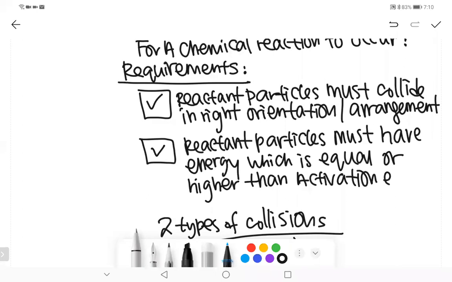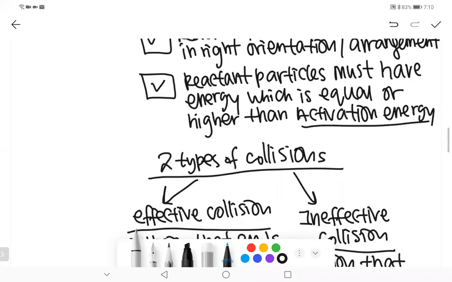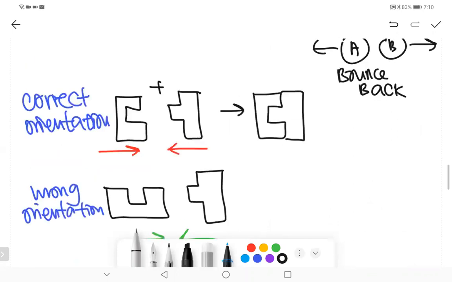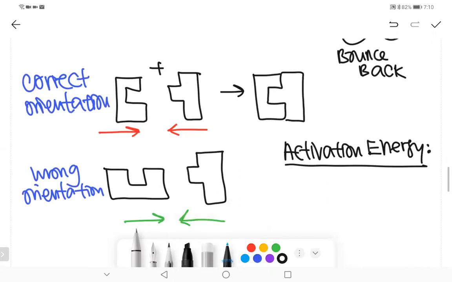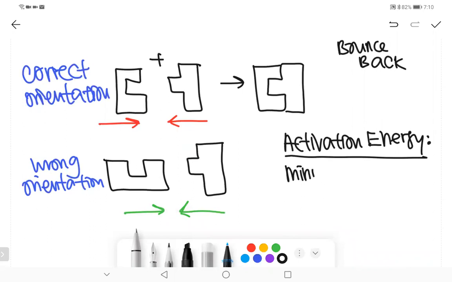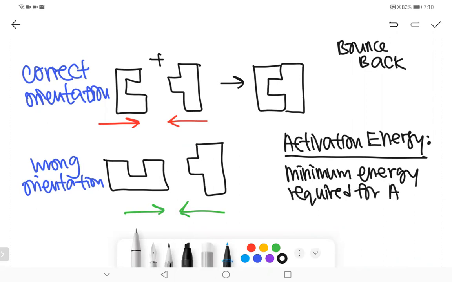Okay, now we must understand what we mean by activation energy. So activation energy is this. Okay, so let me write down here. Activation energy is defined as the minimum energy required for a chemical reaction to occur.